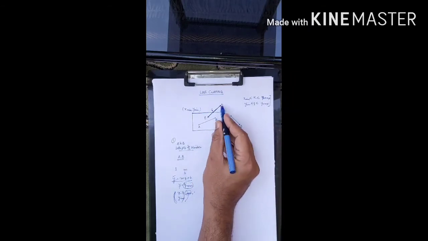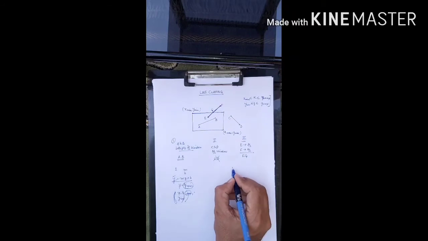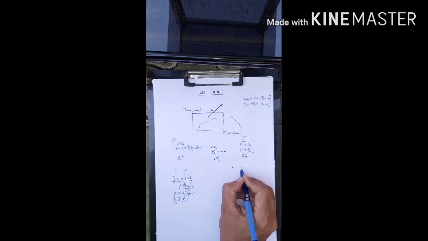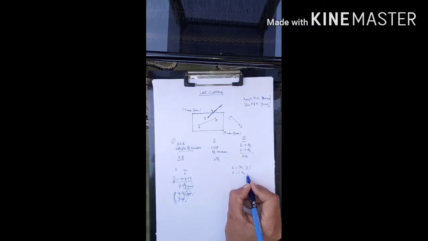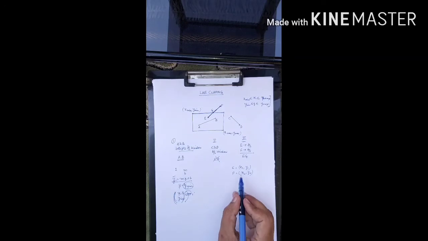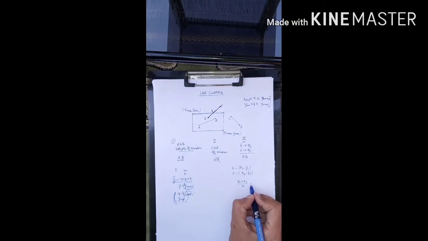Suppose E is x1 y1, and let us suppose the coordinates of F are x2 y2. So the midpoint is x1 plus x2 divided by 2, and similarly y1 plus y2 divided by 2. So this is the midpoint of this line.